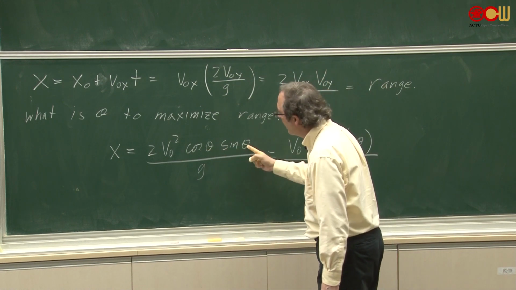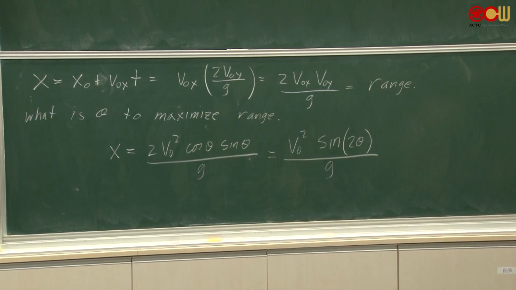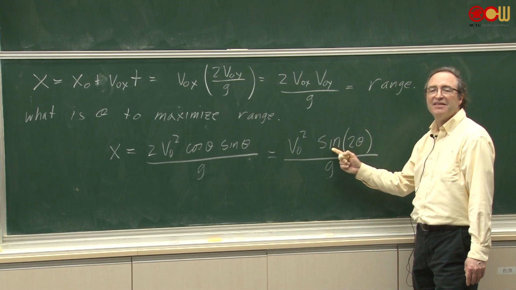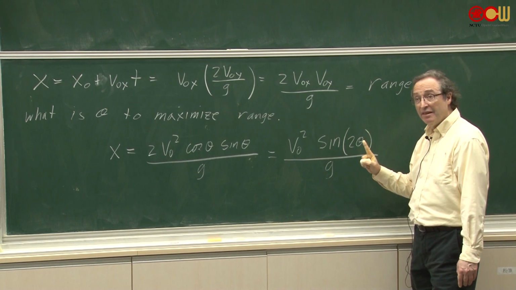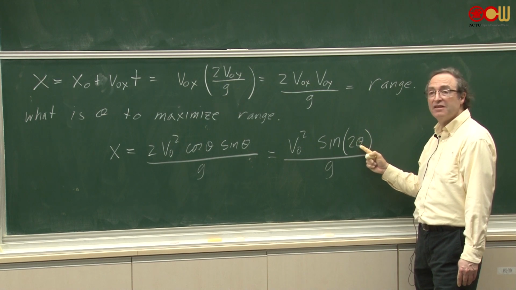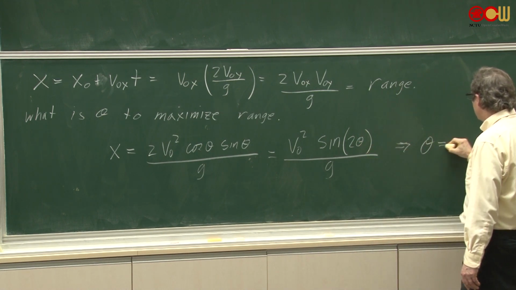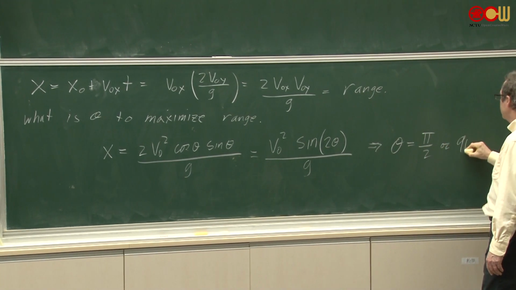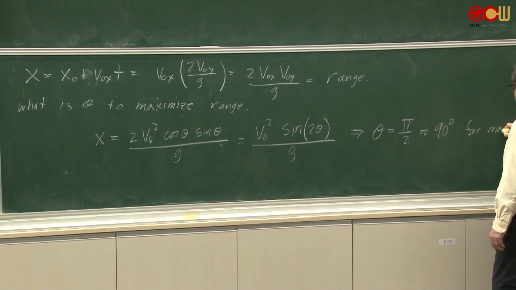If you recognize that from trigonometry, then you can look at the answer right away, because the biggest the sine can be is 1, and the sine is 1 when its argument is 90 degrees. So this implies theta equals pi over 2, or 90 degrees for maximum range.